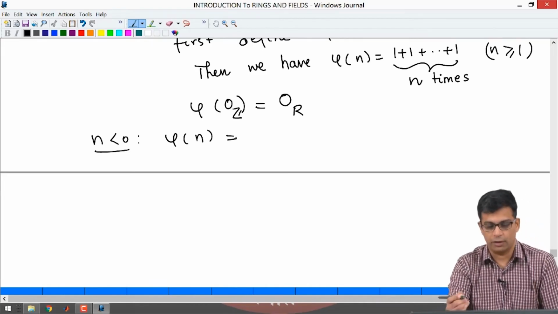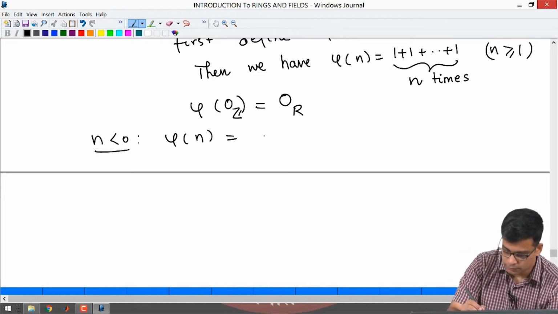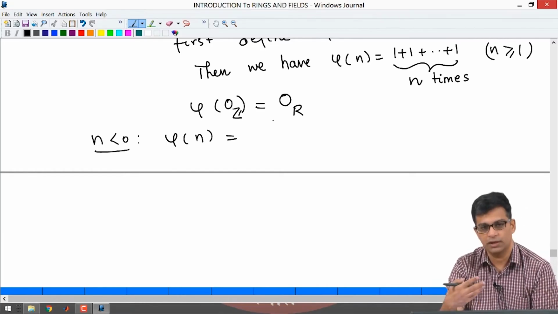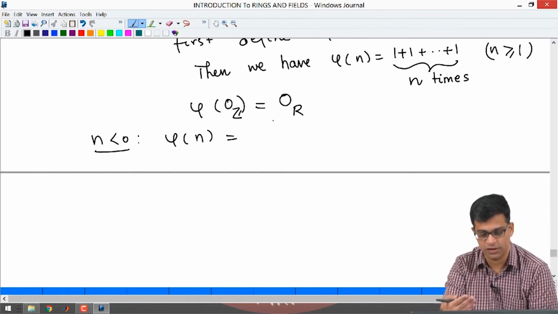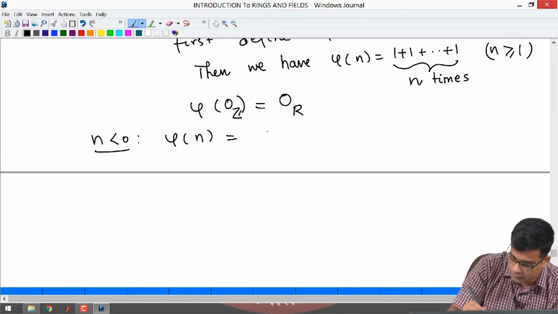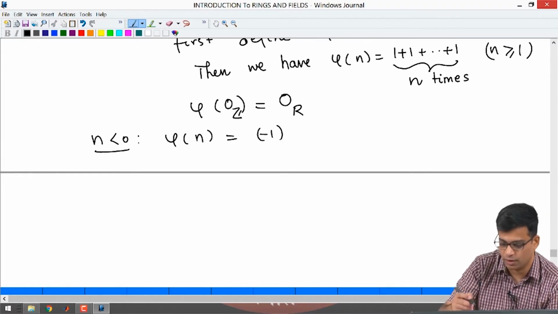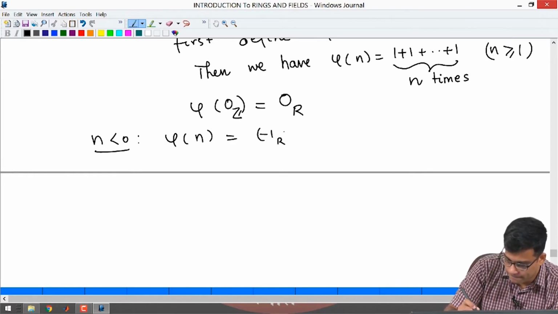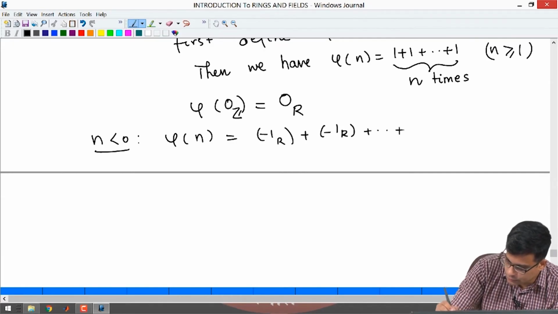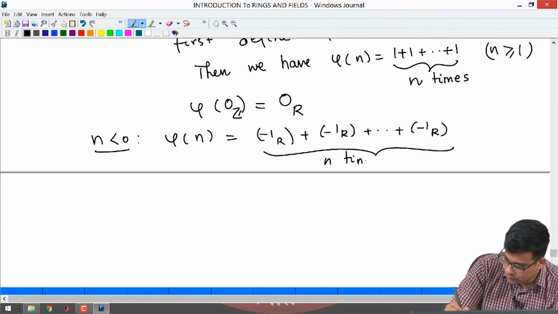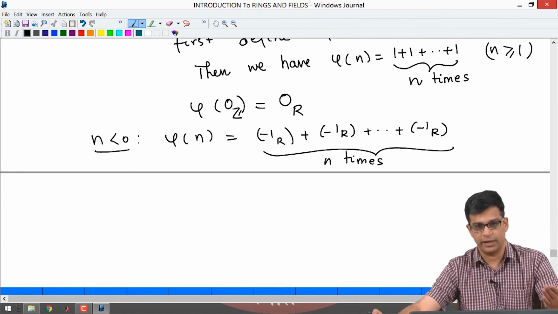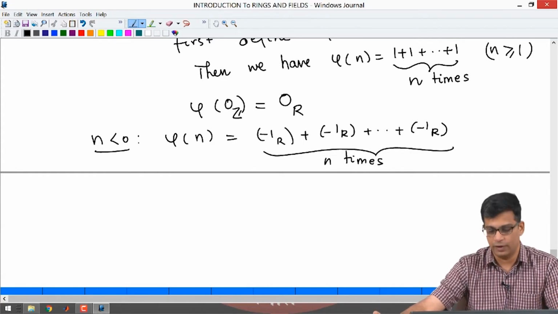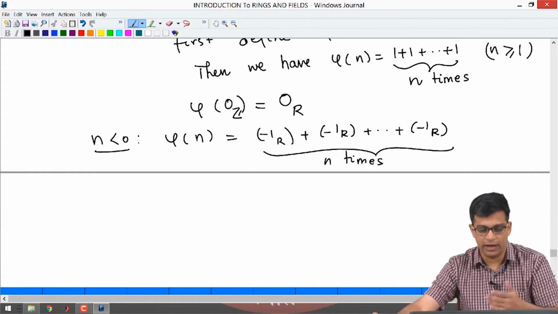I have to define it, remember, using the ring homomorphism properties. So, I will define it to be minus 1 in the ring R, plus minus 1, because 1 is a ring element, its additive inverse is denoted by minus 1, I will add it n times.